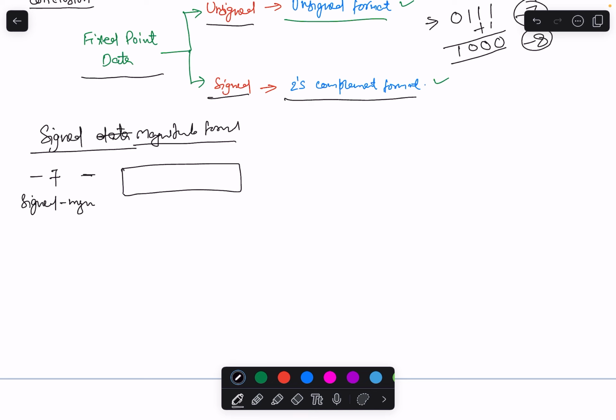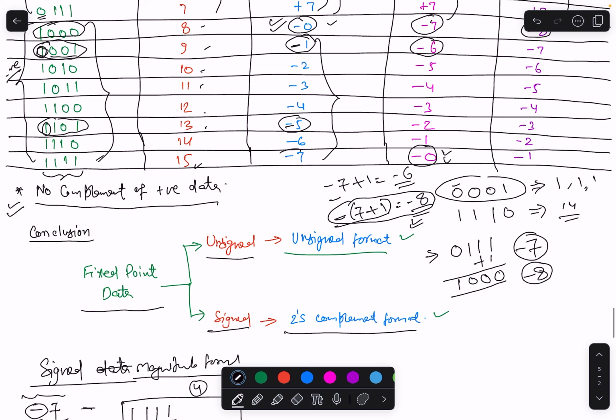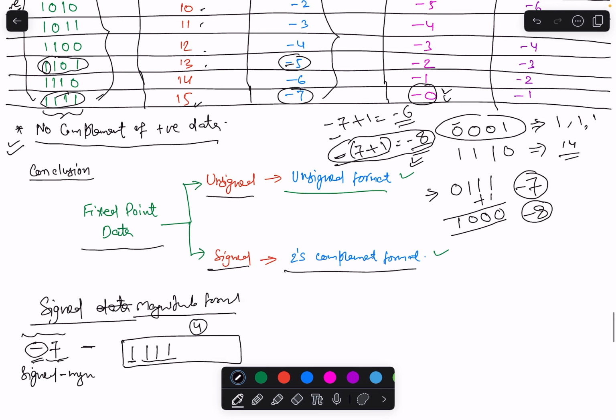How will we find that? We know that for minus, the MSB will be 1, and for the value we will have all the remaining bits. So 7 is 111, if we are using 4-bit data. So to represent -7, we will take the MSB as the sign minus, and then all the remaining 111 for 7. So here we can see for -7 we will have 1111.